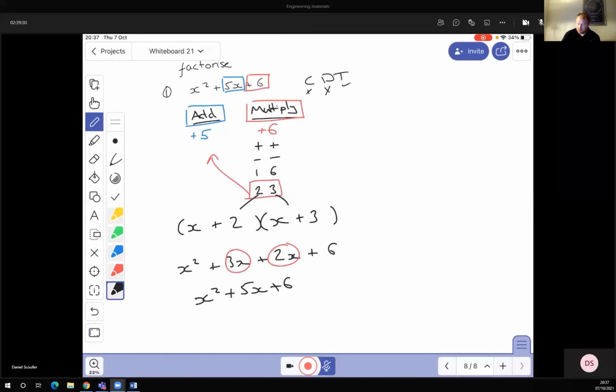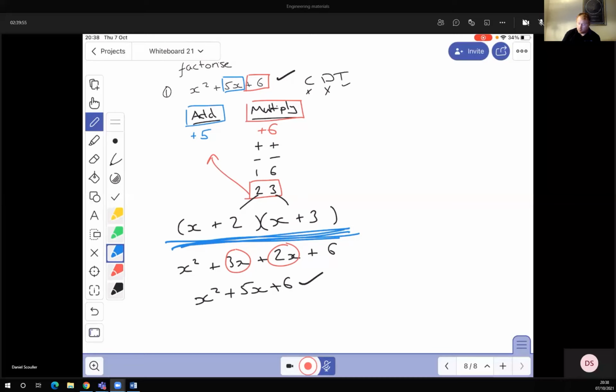That's just a recheck. Perfect, that's our final answer. So factorise x squared plus 5x plus 6 gives us x plus 2 in brackets, x plus 3 in brackets. Everyone okay with that one? We'll move on to the next.